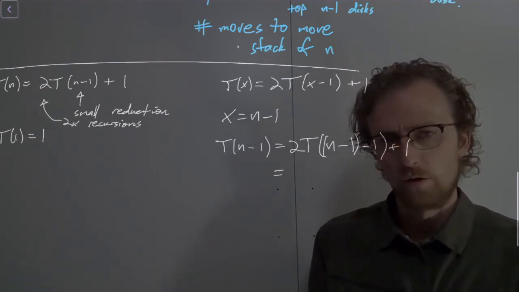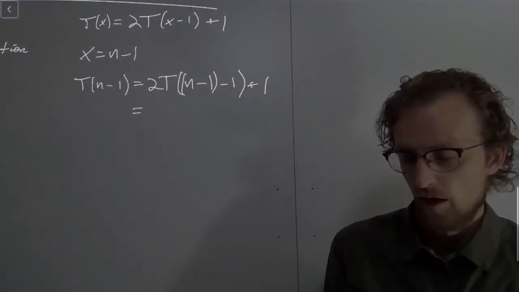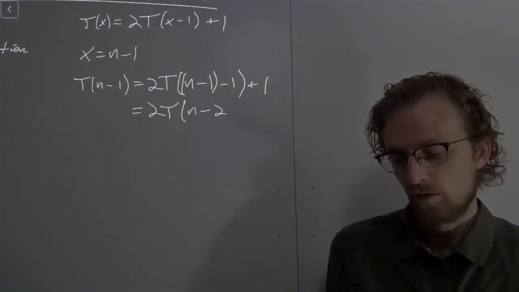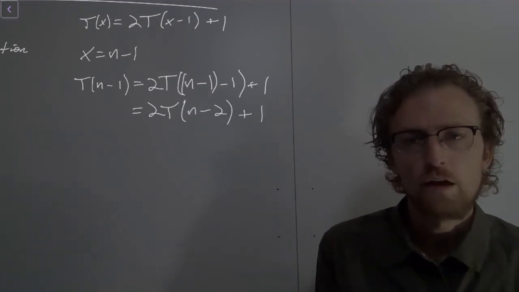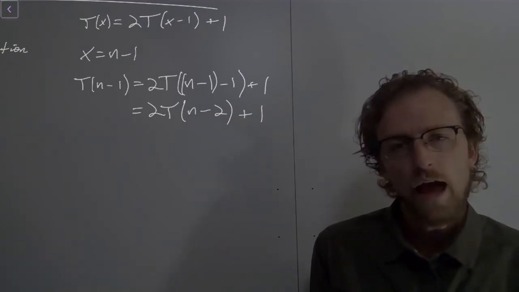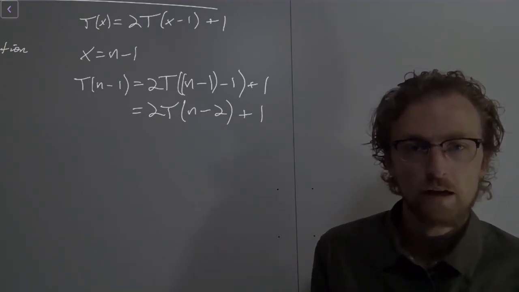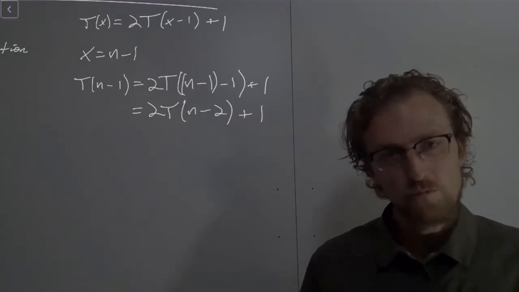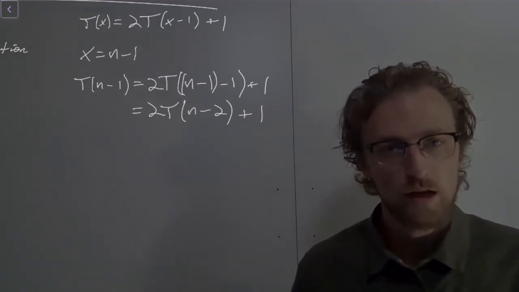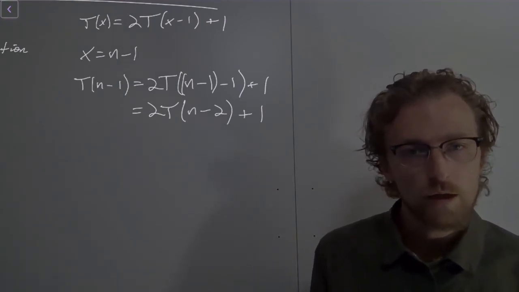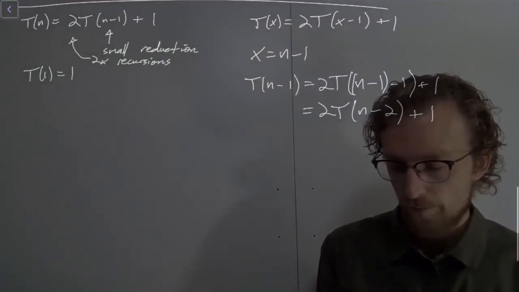I won't go into those details again, but this ends up being 2 T of n minus 2 plus 1. The question this recurrence is getting at is, how many moves does it take to move a stack of n minus 1? Well, first you have to move a stack of n minus 2, then you move a disk, then you move another stack of n minus 2. This is completely consistent with the algorithmic approach that we've established prior.